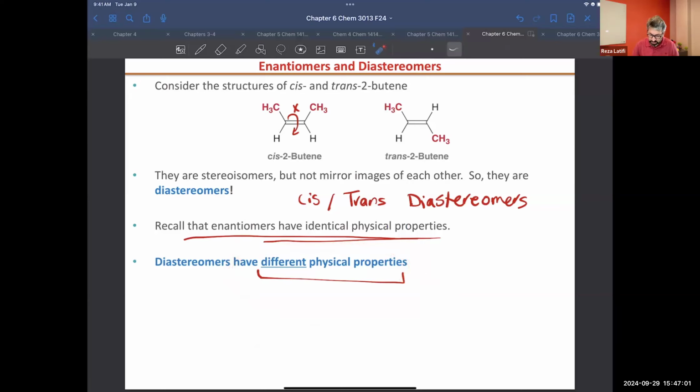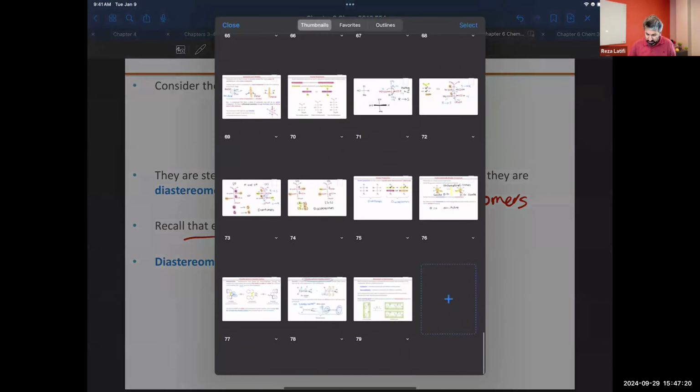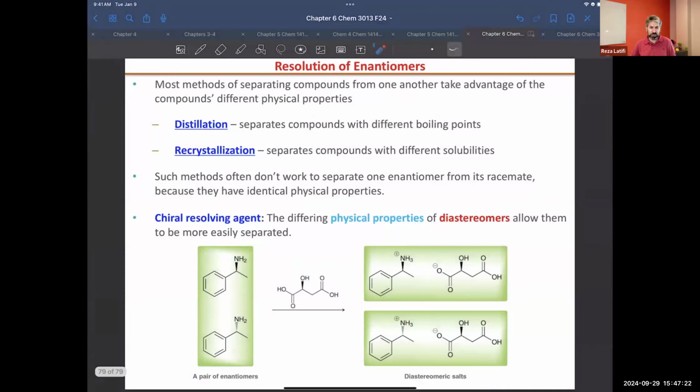So if you turn an enantiomer to a diastereomer, you can separate it. For example, both enantiomers are soluble, but if you turn them to diastereomers, maybe one of the diastereomers is not soluble and it will crash out, it will turn to solid. So this is the technique that we use to separate enantiomers from each other.